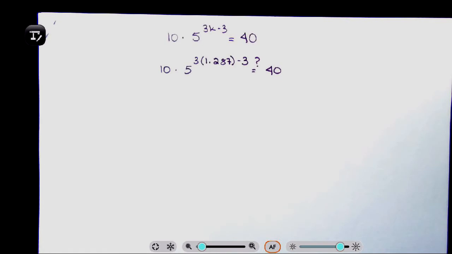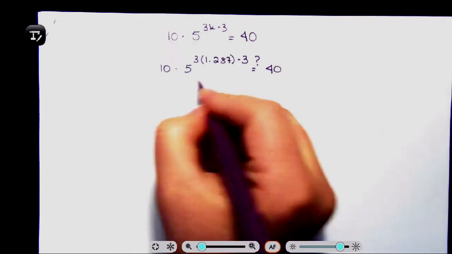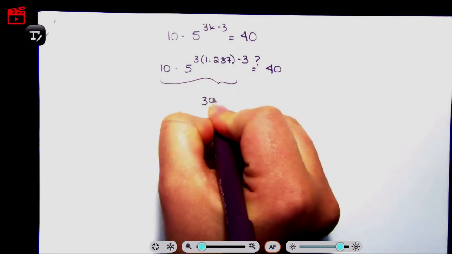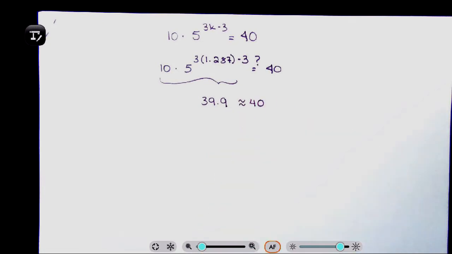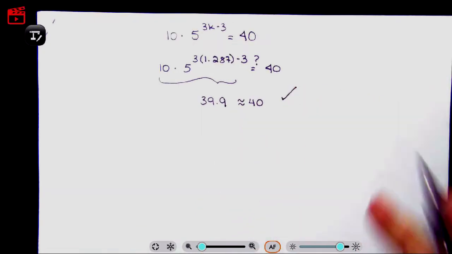We're not sure if it equals 40. So for my exponent, I have 3 times 1.287 minus 3. That is 5 raised to that power, which is 0.861 times 10, and that gives me 39.9, which is about 40. That's close enough to 40 to say that, yes, this works.